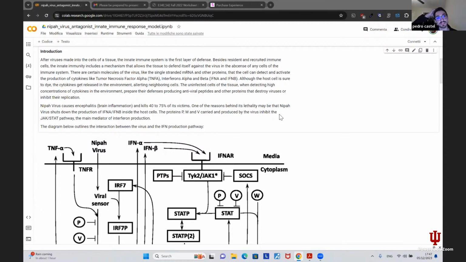So this is one of the important layers of defense in our immune system. It's not the adaptive immune system, so it's not specific for a virus, and it doesn't remember which virus you got infected with 2 months ago.